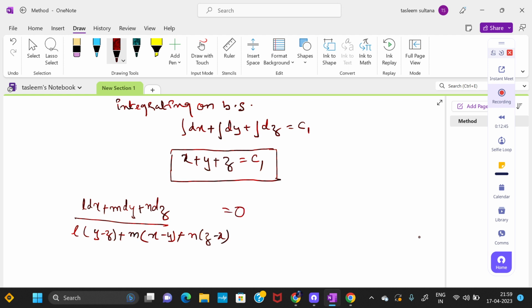Now you choose some other different ones. It can be a function, it can be a constant also. It's not compulsory that you have to assign a constant number only. You can take your L, M, N values as functions also for making this term equal to 0. With the constant, we got one solution. Now with the functions, what functions are you going to substitute for L, M, N so that this term becomes 0?